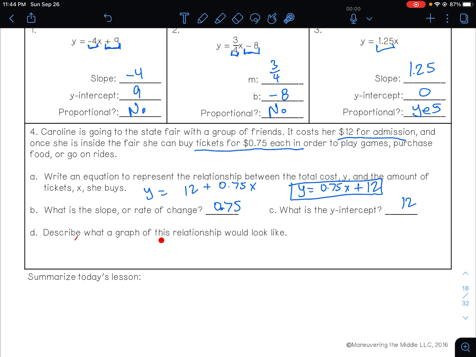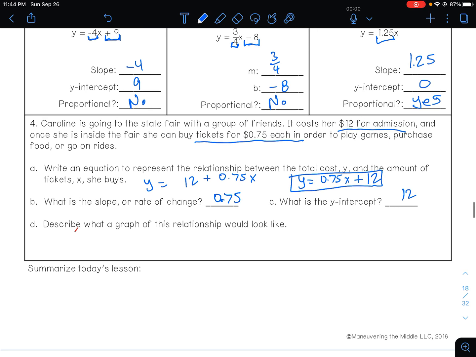And finally, describe what a graph of this relationship would look like. Well, it does have a y-intercept at 12, so basically you just imagine we have all this going up to 12. You'd have a y-intercept at 12. Now, 0.75, she's going to be spending more, like the more tickets she buys, the more she spends, right? So if the x-axis is like 1 ticket, 2 tickets, 3 tickets, 4 tickets, 5 tickets, what happens with how much she spends as she buys more tickets?